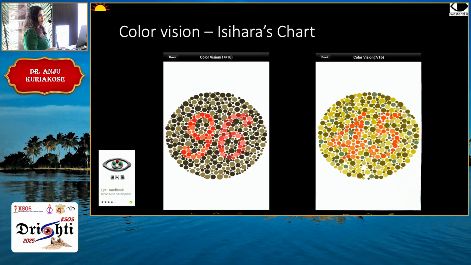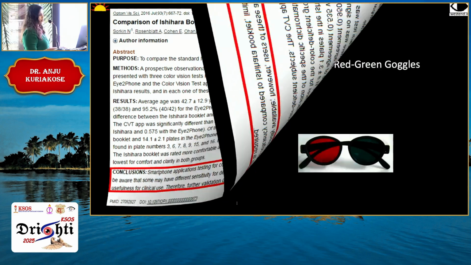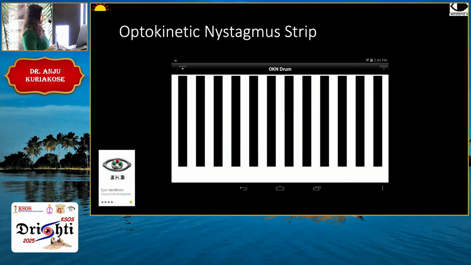For color vision, there was even a PubMed article which compared the sensitivity; there is a slightly different sensitivity, but it can be used. It also has a Worth 4 dot test, but it requires red-green goggles.